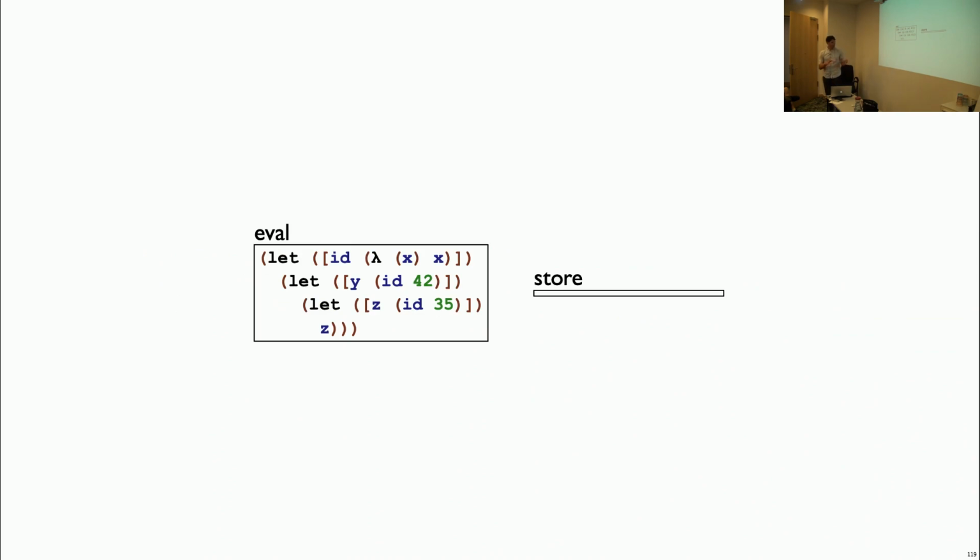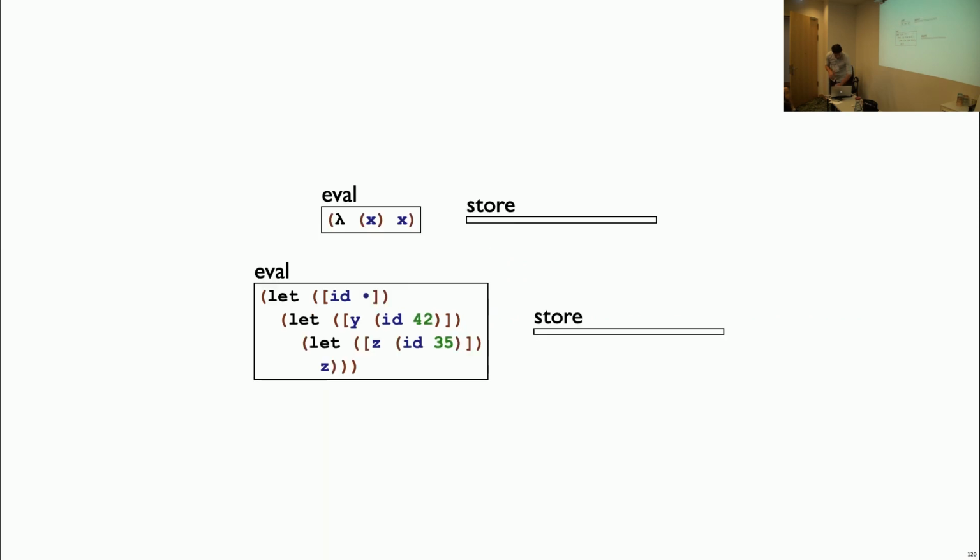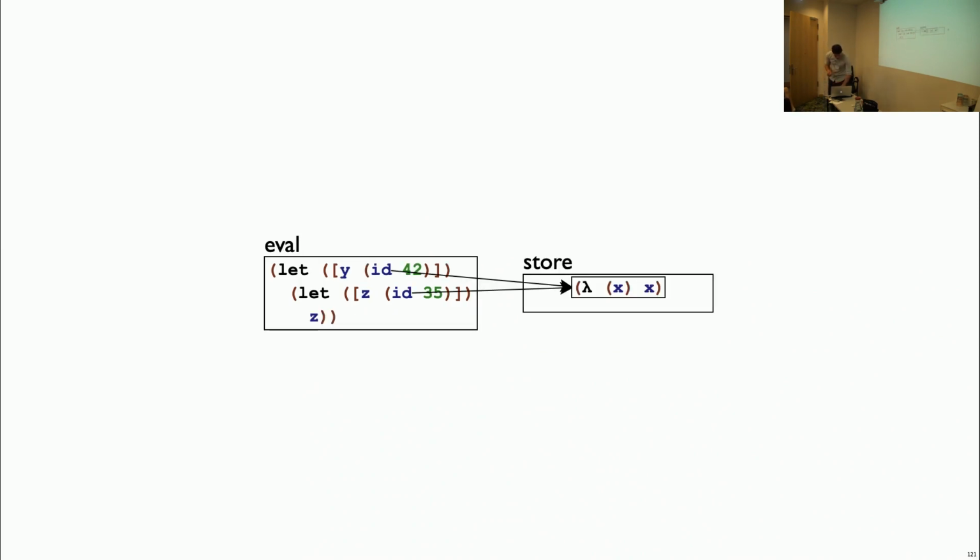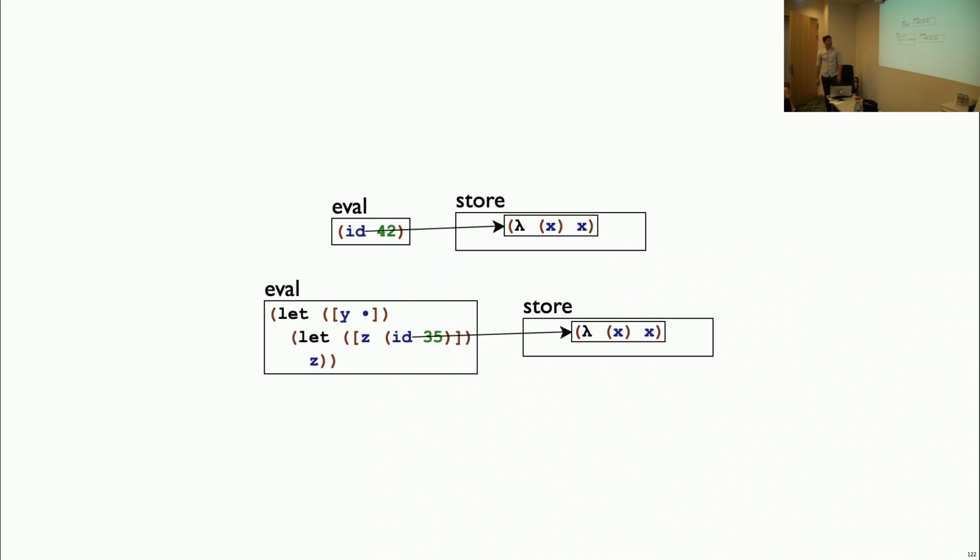So let's look at what this looks like. We start with this program. We have this single store, this empty store. And when we get this sub-expression to evaluate, it has its own store. And then it returns, and its result is put in the store of the top continuation frame, and we continue. And so here we are. We have this call to ID 42, and ID points to its own copy of the identity function.